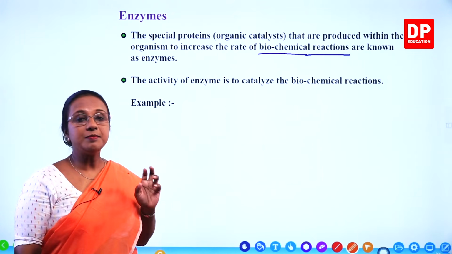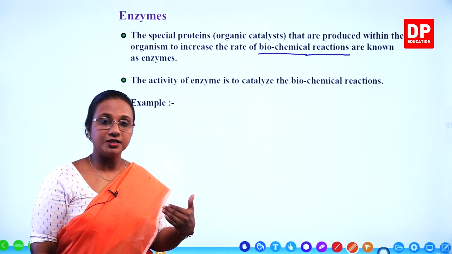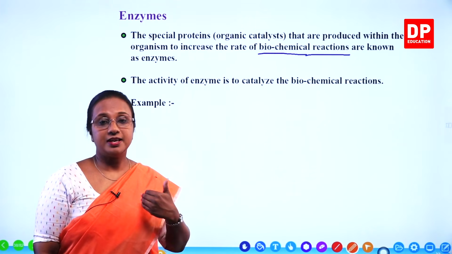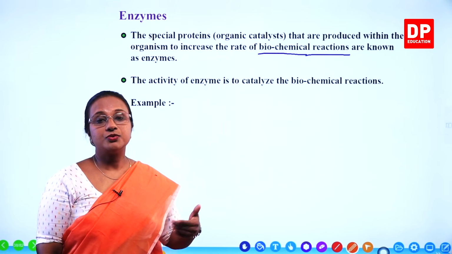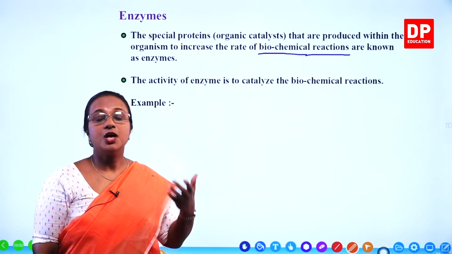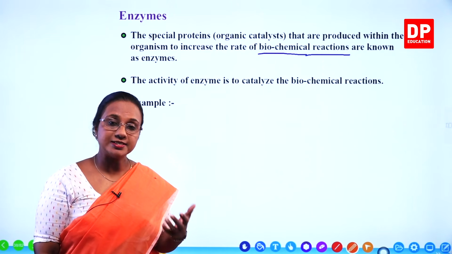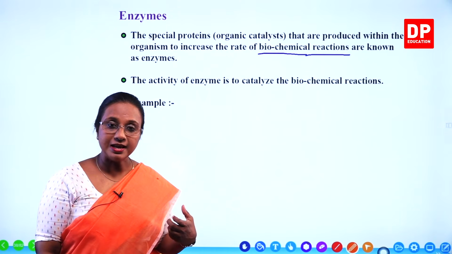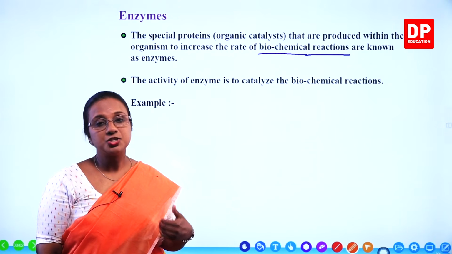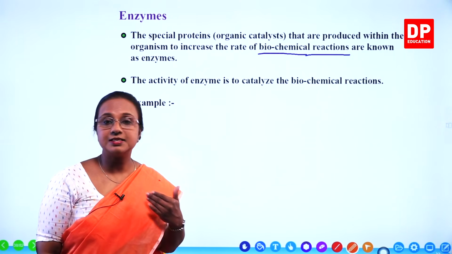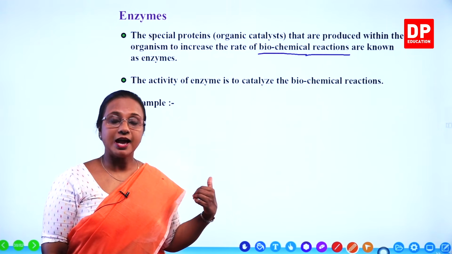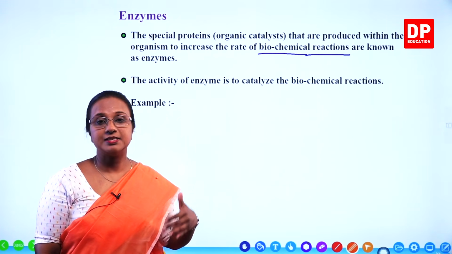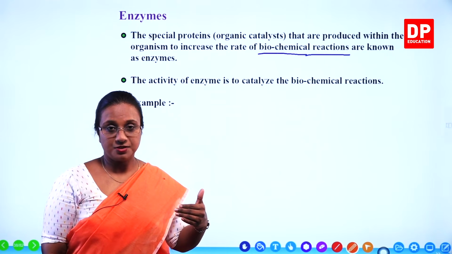And these biochemical reactions occur at a certain rate, at a certain speed, and also they have to take place within the body. For example, if we take man, the normal body temperature of a man is 37 degrees Celsius. So these biochemical reactions have to take place in that temperature.